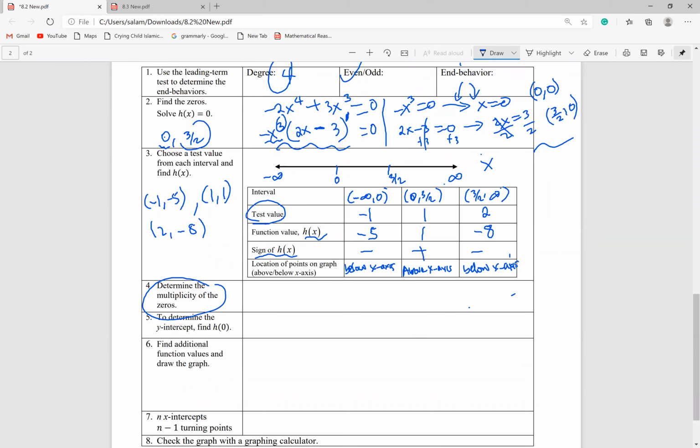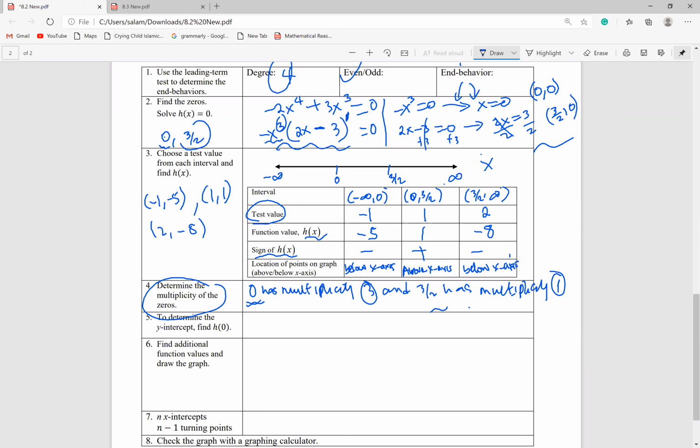So 0 has multiplicity 3, and 3/2 has multiplicity 1. So 1 and 3, they are odd, which means the graph is going to cross the x-axis at these zeros. It's going to cross the x-axis at 3/2 and at 0, 0.